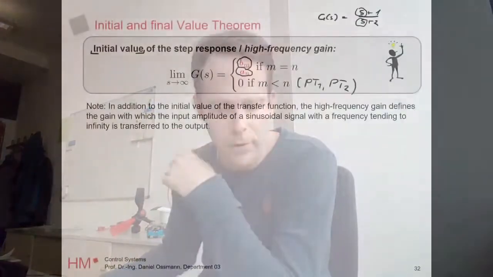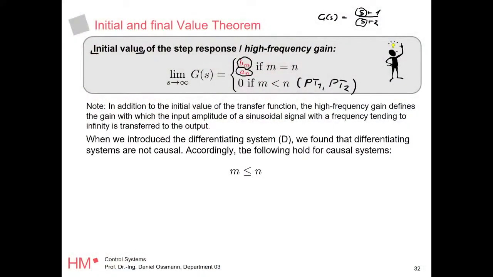So you could say now, what if there's a higher order in the numerator than in the denominator? What's happening then? Well, this is not possible for physical systems, because remember, we said when we introduced the differentiating system, a differentiating system would simply be 5s, we said this is not possible, it's not causal.